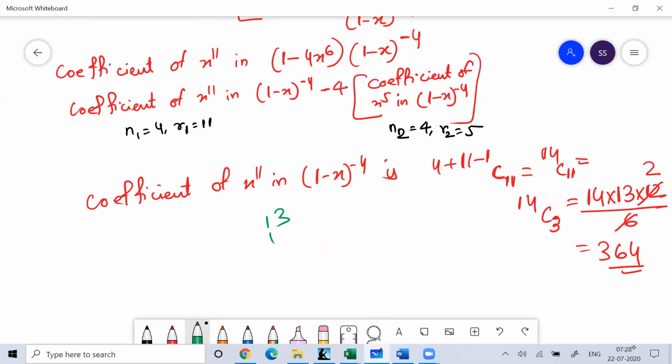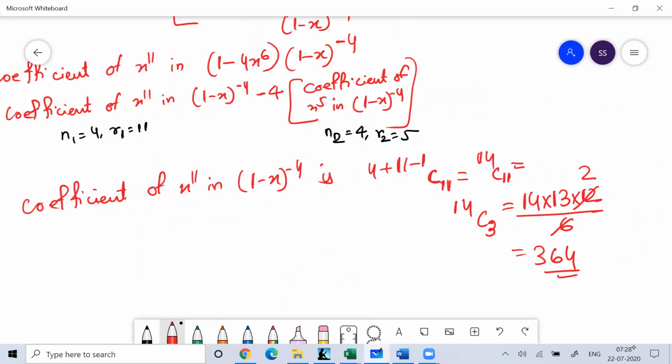So this is 364. This is the coefficient of this, and this coefficient would be what? This value would be n plus r, means 5 plus 4 minus 1 cr. R means what? 5.